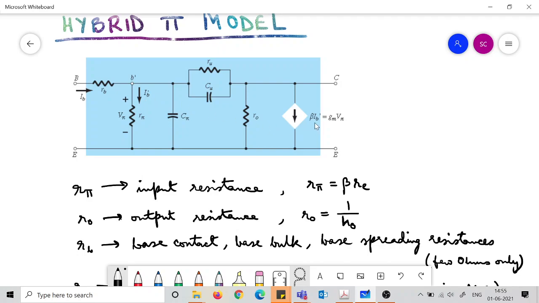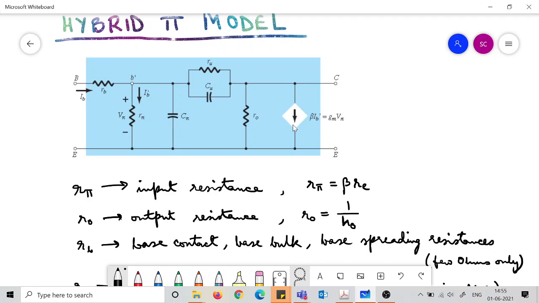So it is beta IB dashed, and that is the same as GM V pi. IB dashed is producing a voltage V pi across this resistance, so this current source is also related to V pi, because IB dashed and V pi are related to each other linearly through this R pi resistance.